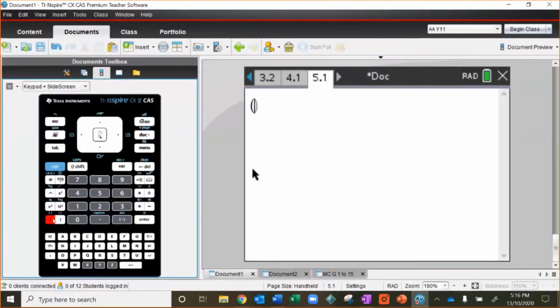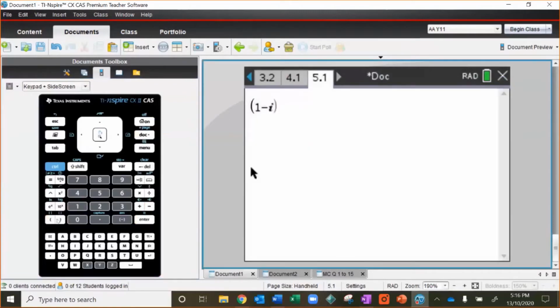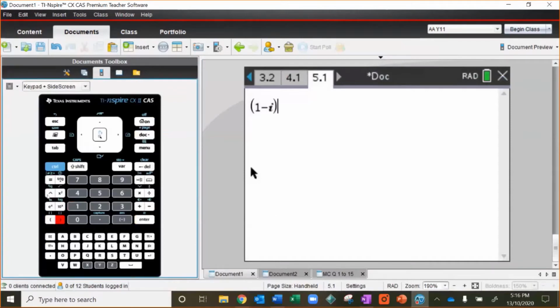We'll say 1 minus i, and we need to raise that to the power of n, and we'll now convert this to polar form, because it is talking about modulus, so we need this expression in polar form.